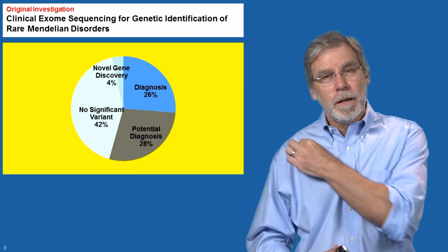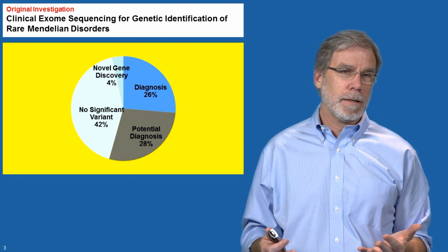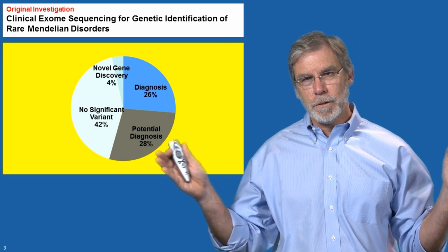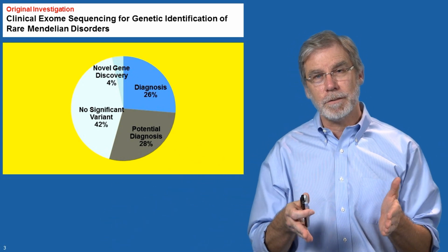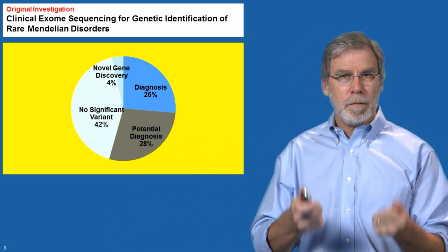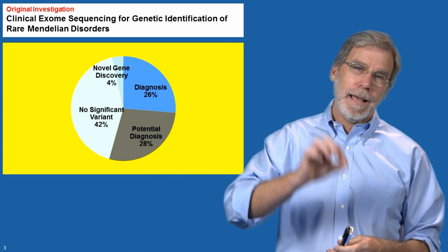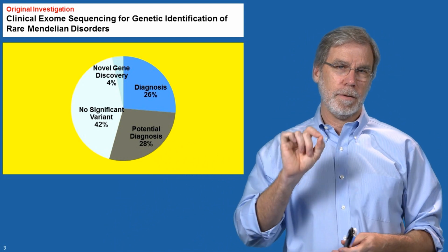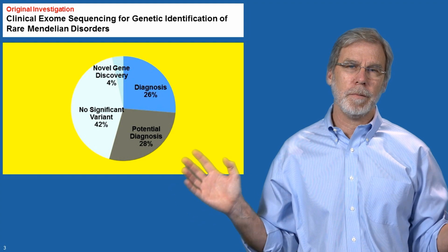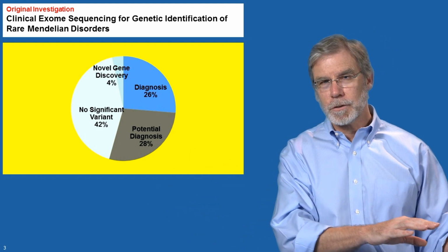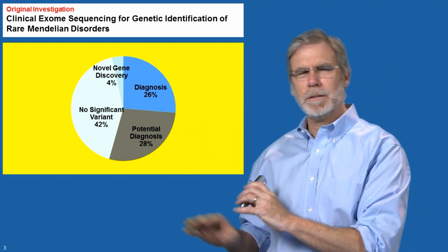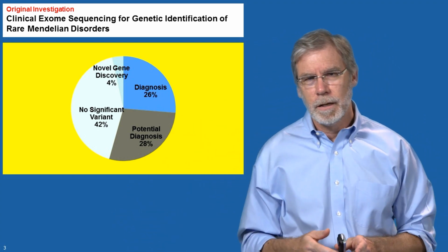We looked at this process after we'd done our first 814 cases, and within that sampling from 142 different physicians at 42 different institutions, we were able to give back a specific molecular diagnosis and a specific molecular test for a given individual family 26% of the time across a wide spectrum of different diseases: muscular dystrophy, intellectual disability, developmental delay, seizures, ataxia, wide different array of diseases that affect humans.